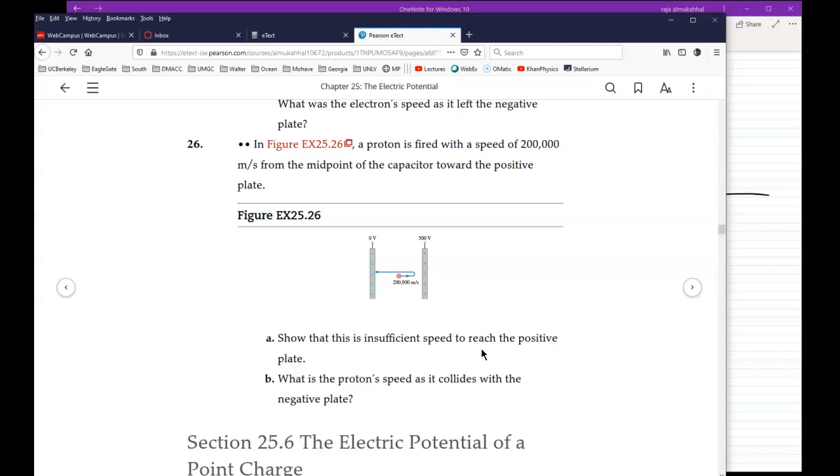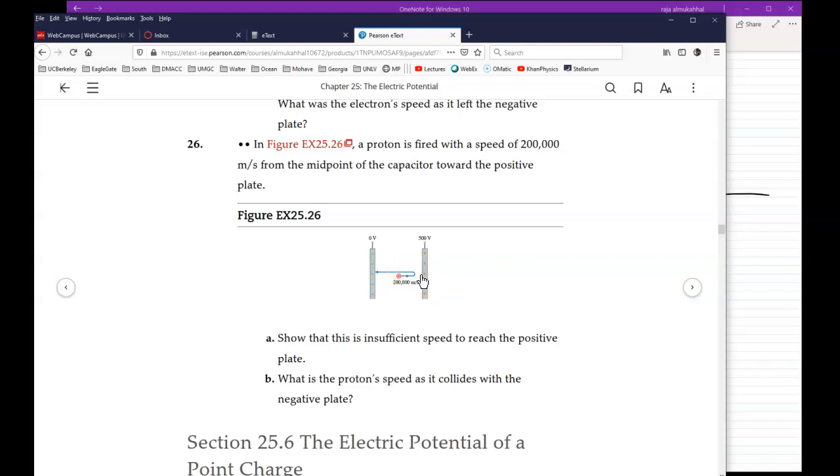How do I do that mathematically to show that this is insufficient speed? Okay. Well, the condition for insufficient speed is that, before, I hate to give you a free answer like that. Let me tell you this. If the kinetic energy of the proton is greater than the gravitational energy, what will happen?